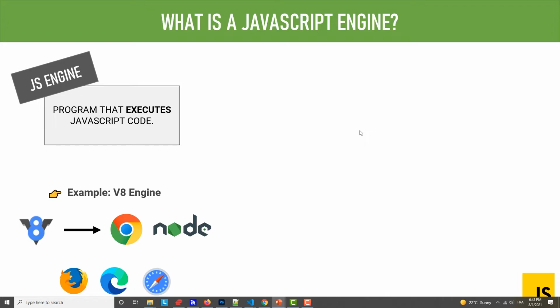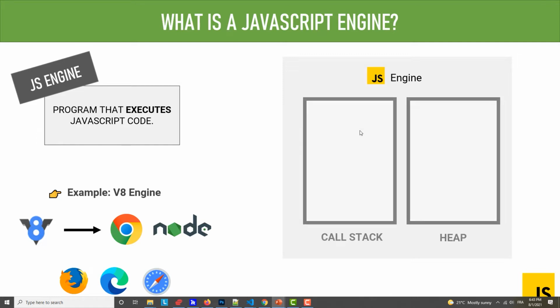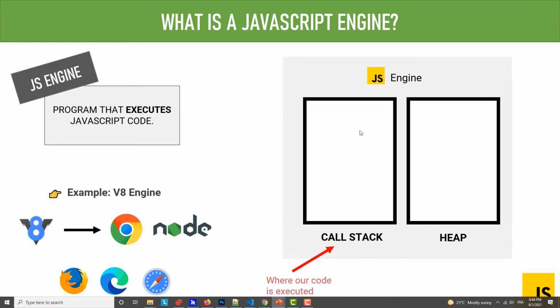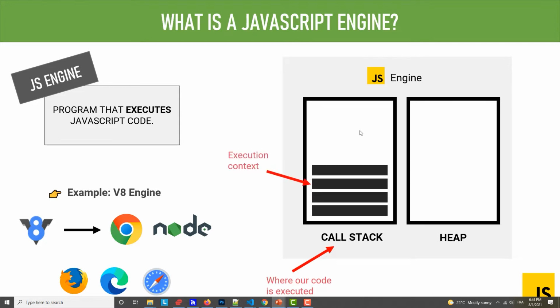Anyway, it's quite easy to understand what an engine is, but what's most important is to actually understand its components and how it works. So, a JavaScript engine always contains a call stack and a heap. Okay? The call stack is where our code is actually executed using something called execution context.